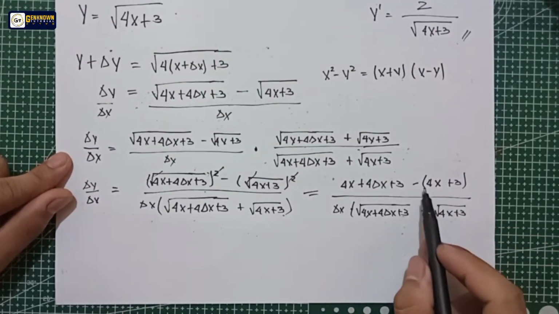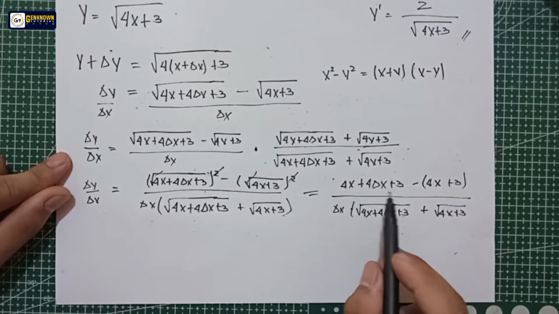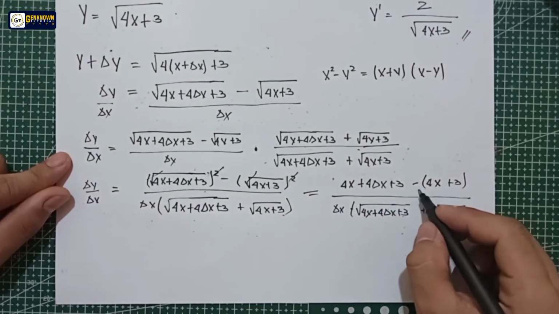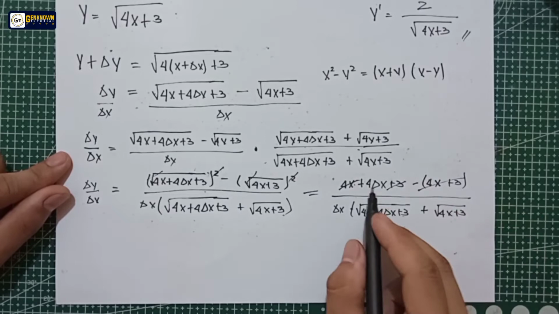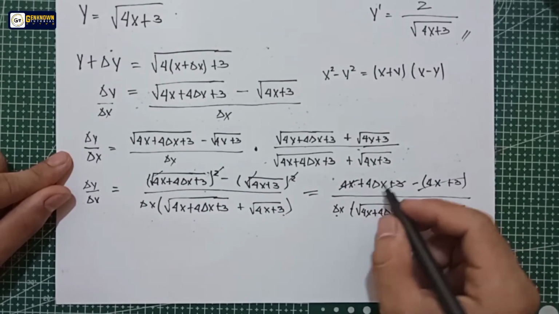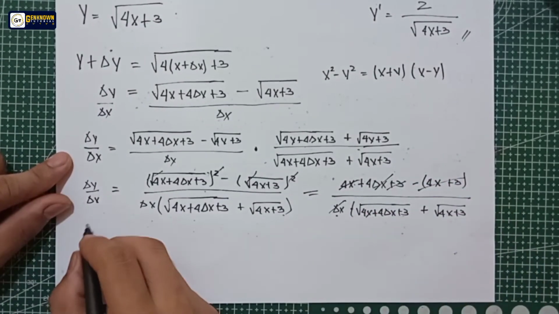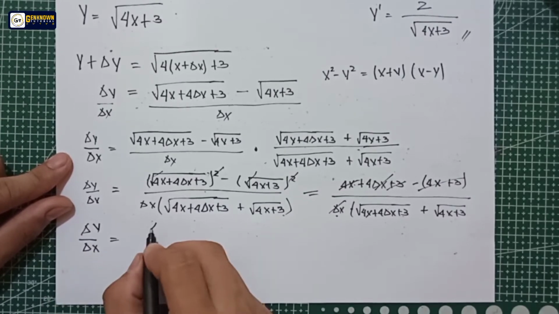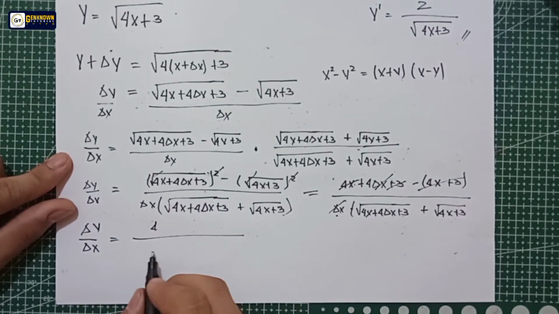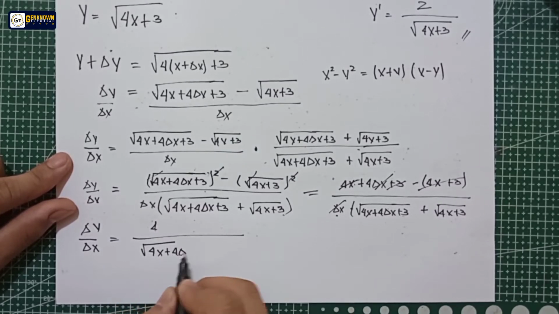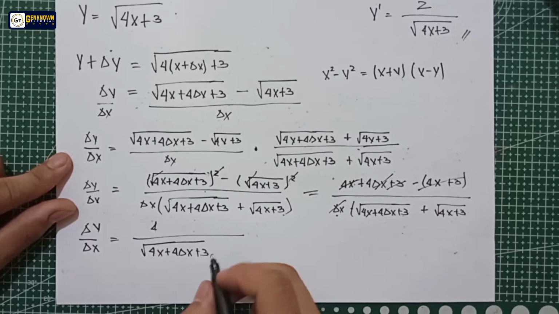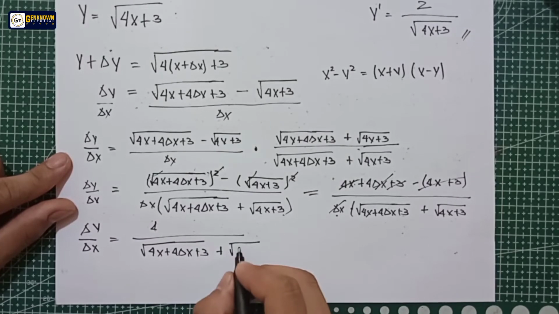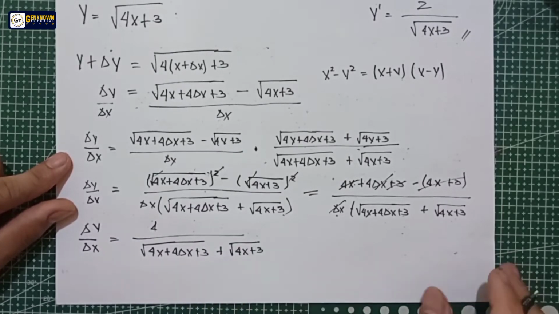If you notice, we have a negative 4x plus 3 here and a positive 4x plus 3, so we can cancel that out. What remains is 4 delta x, and we also have delta x here, so we can cancel that out too. So delta y over delta x is equal to 4 over the square root of 4x plus 4 delta x plus 3, plus the square root of 4x plus 3.